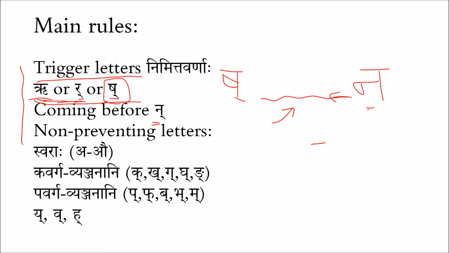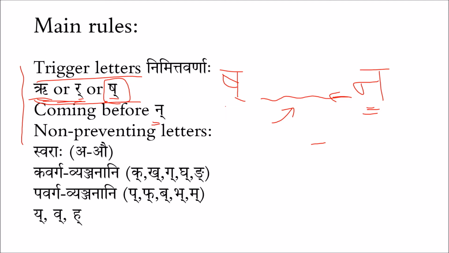Before this Na, the trigger letter may not be immediately there, like we saw in the examples of Arnava, Krishna, or Shrunoti. In those cases, the trigger letter was immediately before this Na, but that may not be the case all the time. In between the trigger letter and the Na, there could be other letters.